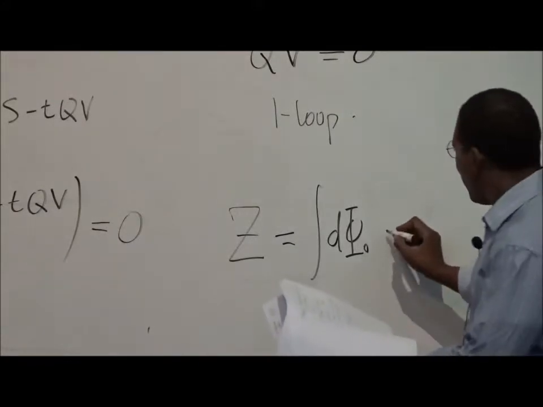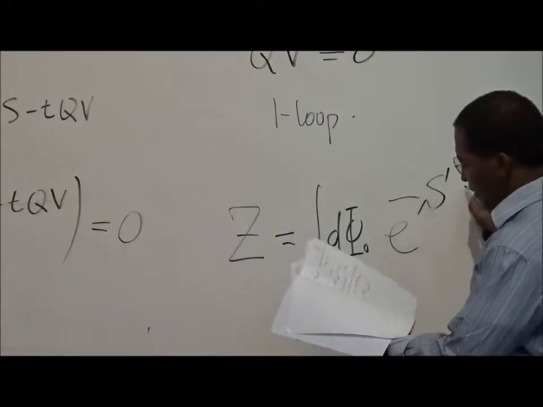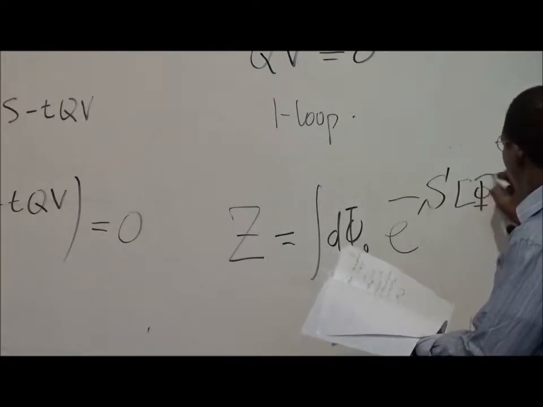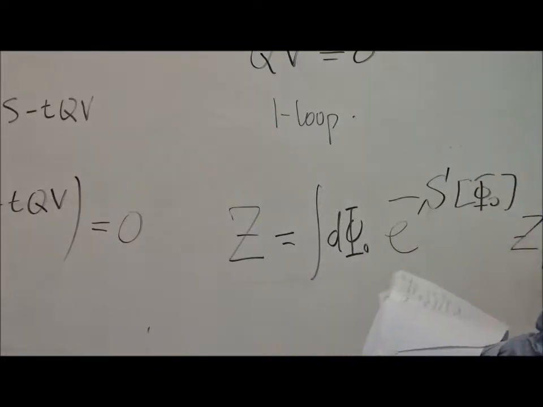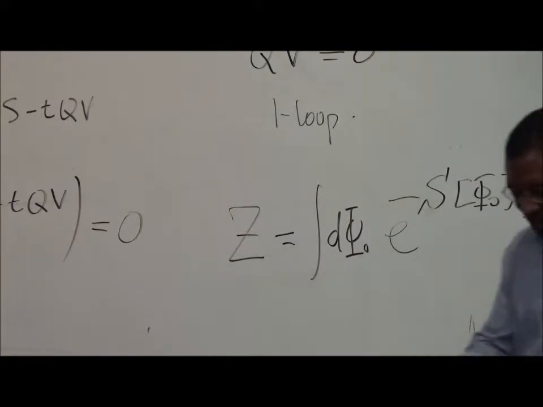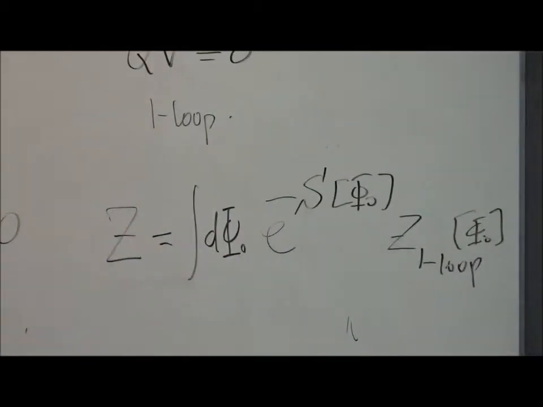But let me write it for you. So then it is minus, evaluated on this phi 0, and then I will have some one loop correction, also at phi 0. And this is really the power. A completely complicated path integral becomes, in this particular case, a matrix integral.